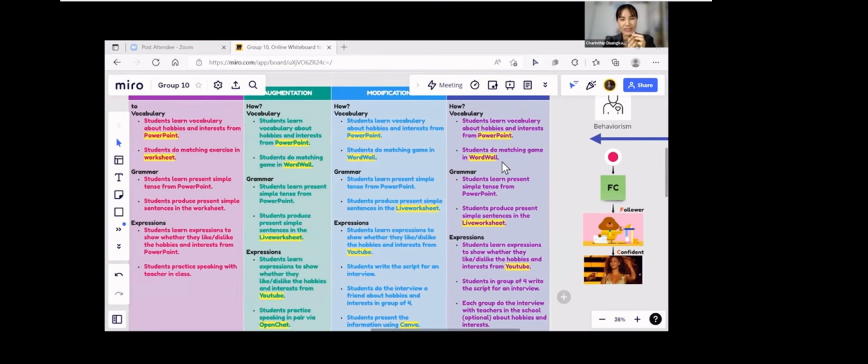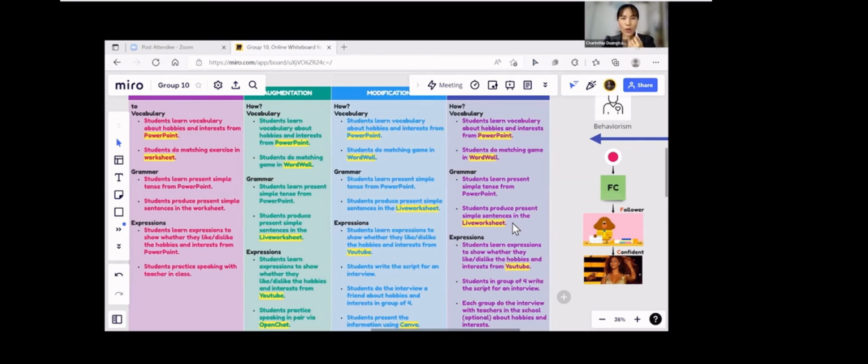This activity can help boost the memory and concentration of students to make sure they've learned our target language. Secondly, we want them to indicate and explain the present simple tense. So we start by presenting the structure of the present simple, then let them practice making sentences in a Liveworksheet.